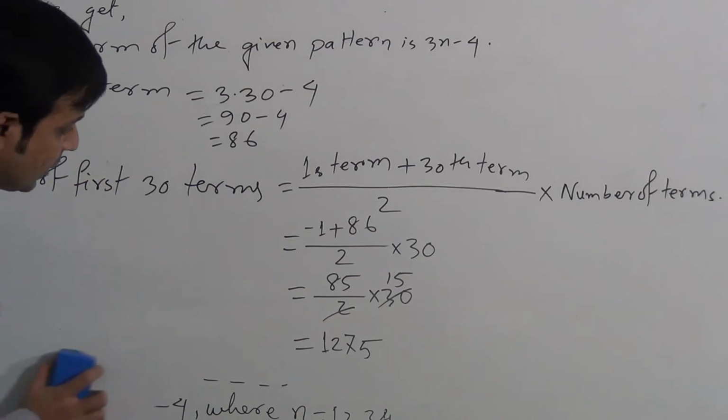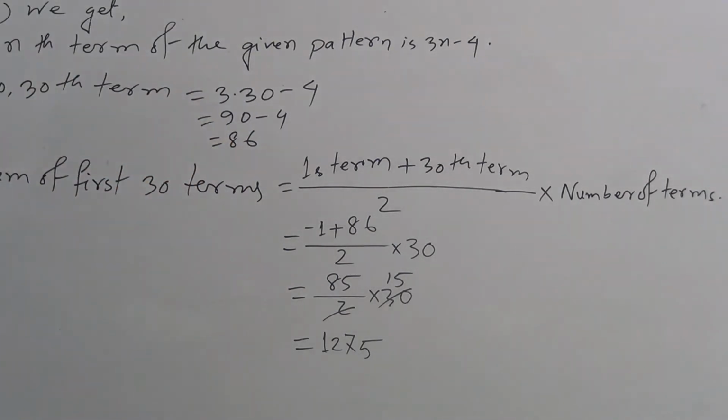So the sum of the first 30 numbers or terms of the given pattern is 1275.